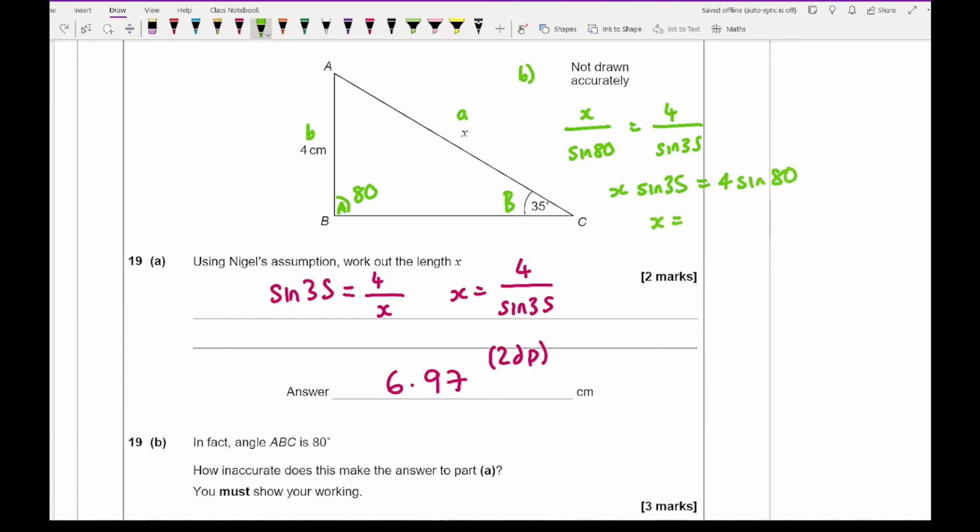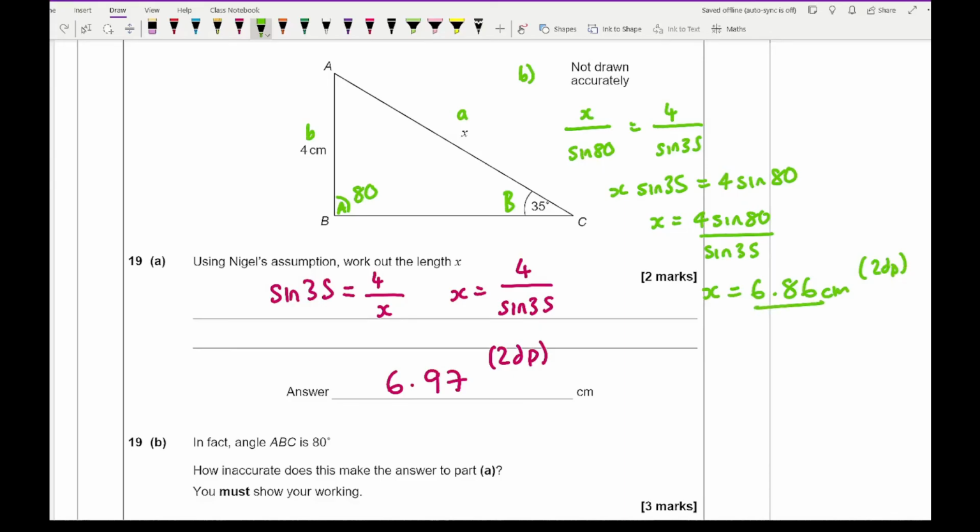So x equals 4 sine 80 divided by sine 35. And if I type that all into my calculator, I get an answer of 6.86 centimeters, and that's to 2 decimal places.